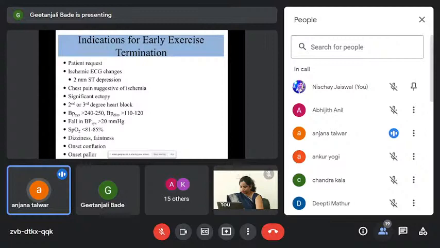So these are some of the main advantages of the bicycle ergometer.